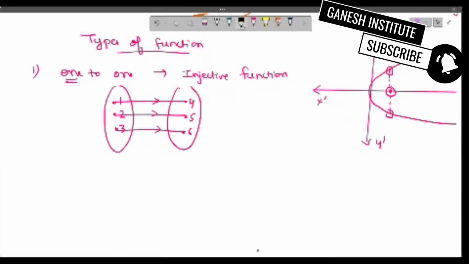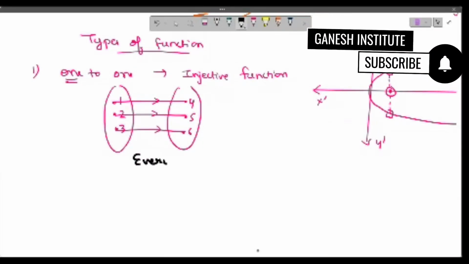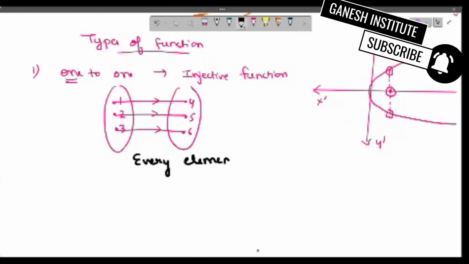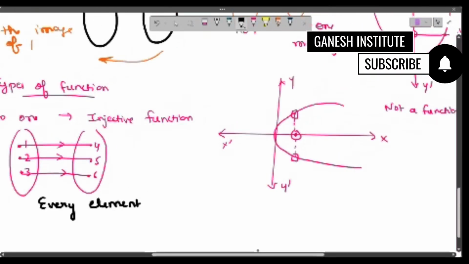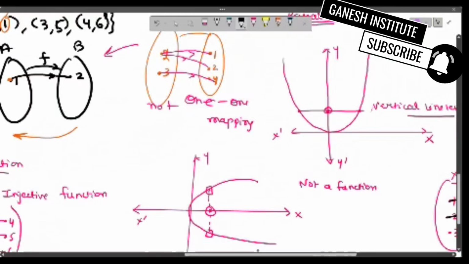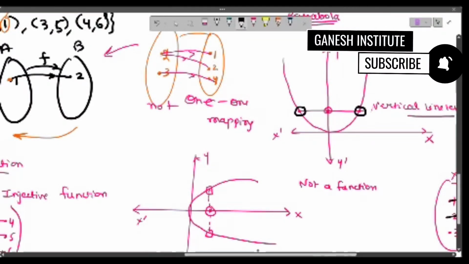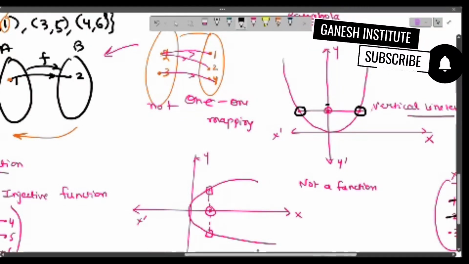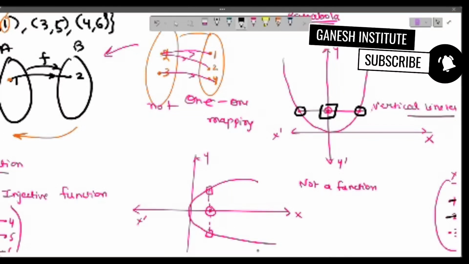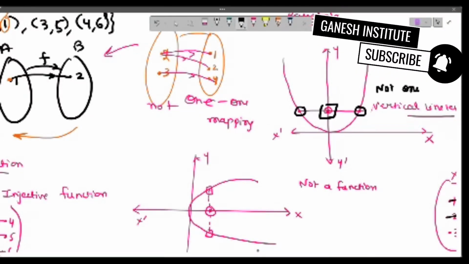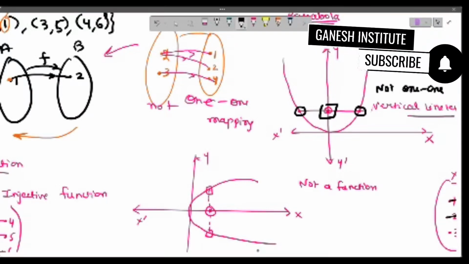You can see every element, as you know, we have here for these two x, the same value of y, right? So this is not one-to-one. This is a function, but this is not one-to-one.